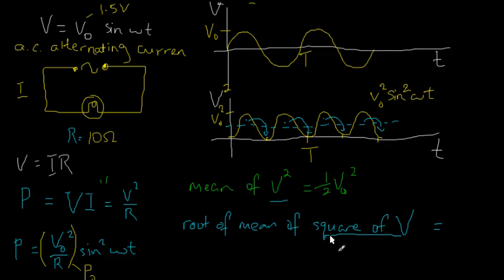So okay, the mean of the square of V is just the mean of V squared, right? Which is this. Now if I want to take the root of the mean of the square of V, that means that I want to take the roots of this, right? I want to take the roots of that. And then I get V0 over root 2.